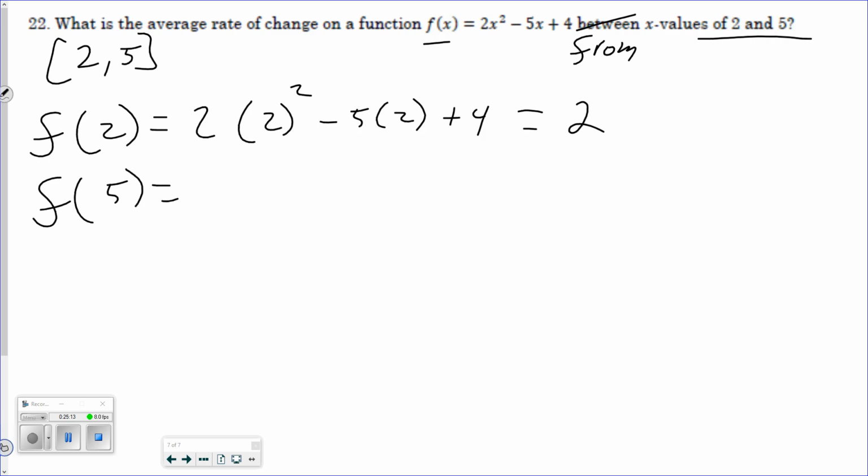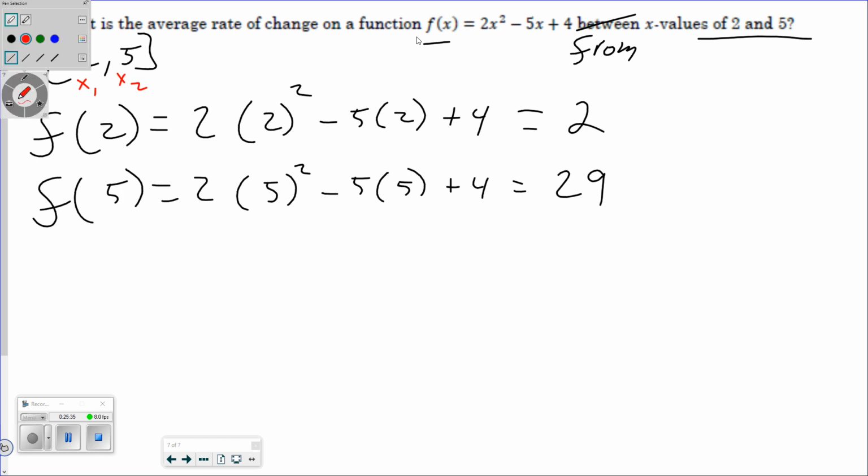f of 5 is 2 times 5 squared minus 5 times 5 plus 4. 5 squared is 25 times 2 is 50, minus 25 is 25, plus 4 is 29. I'm doing it a little quickly, but all I'm trying to do is figure out the y values, because these right here are x's.